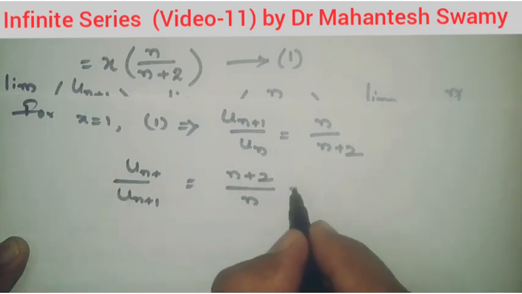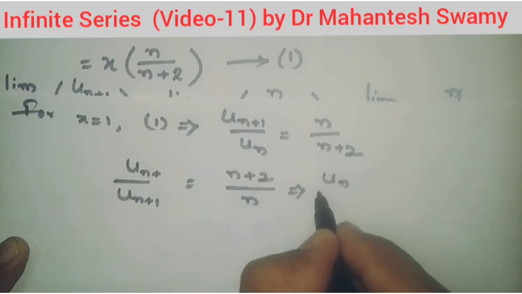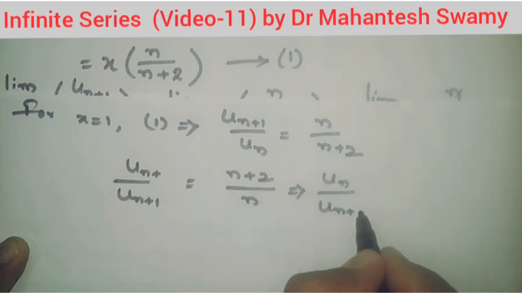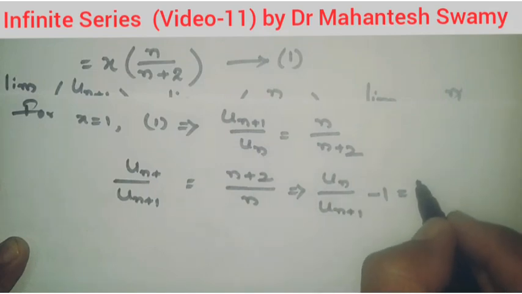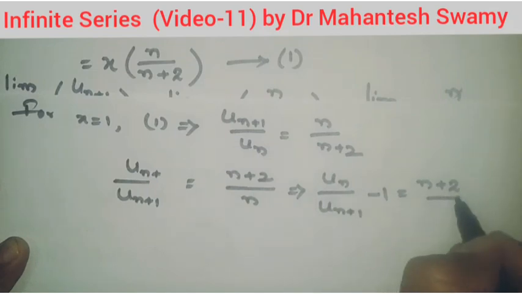And after that I should take u(n) divided by u(n+1) minus 1. I should subtract 1 from this. So it is (n plus 2) divided by n, minus 1.